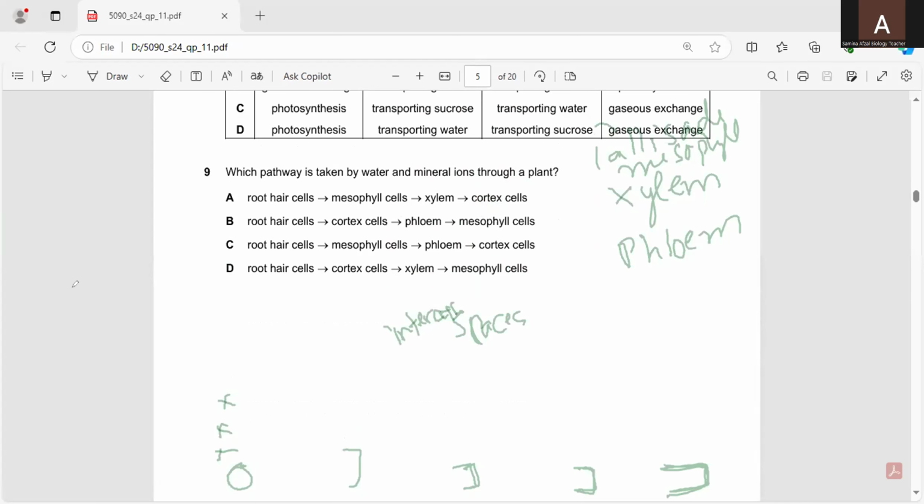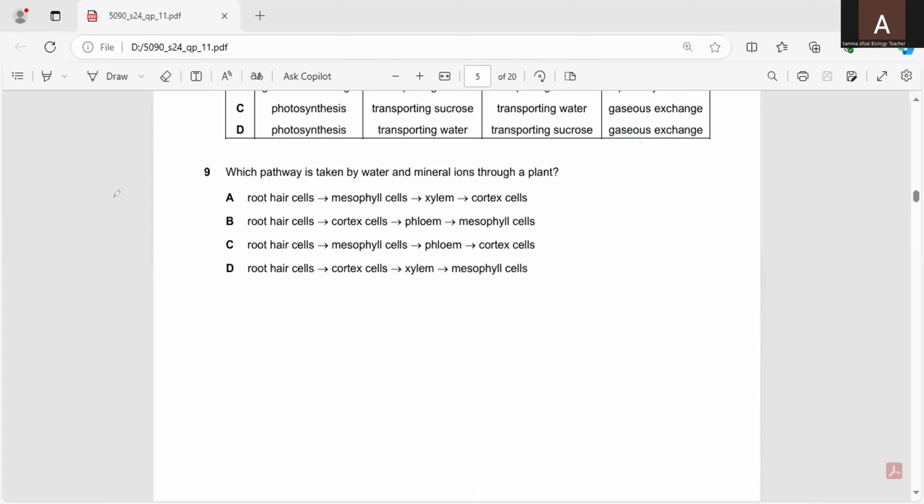Now question number 9. Which pathway is taken by water and mineral ions through a plant?